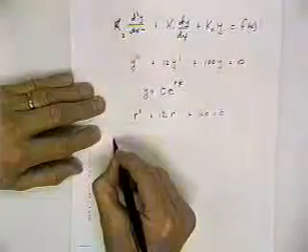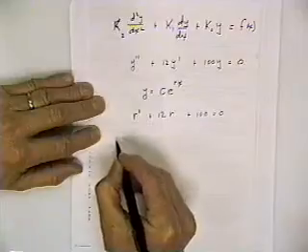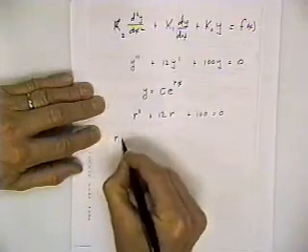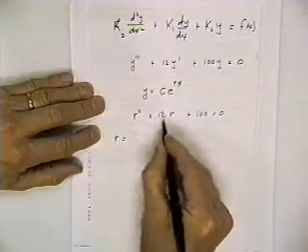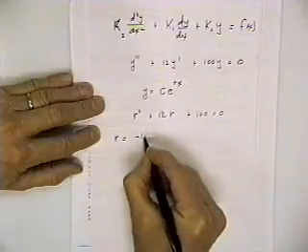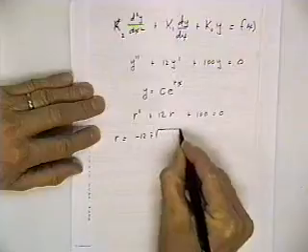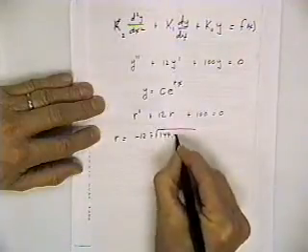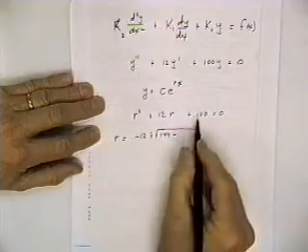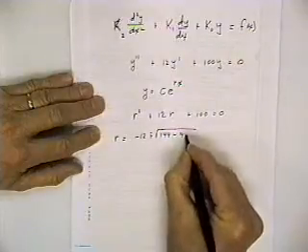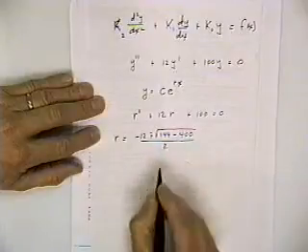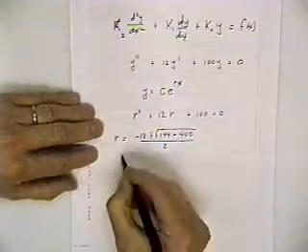And we will end up with r equals minus b, minus 12, plus or minus the square root of b squared, 144, minus 4ac, so minus 400, all divided by 2a, a being 1 in this case.